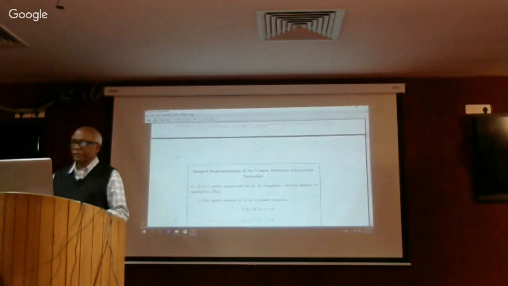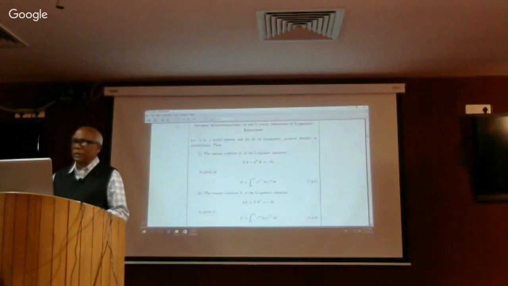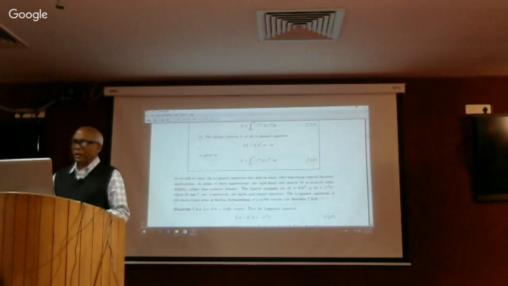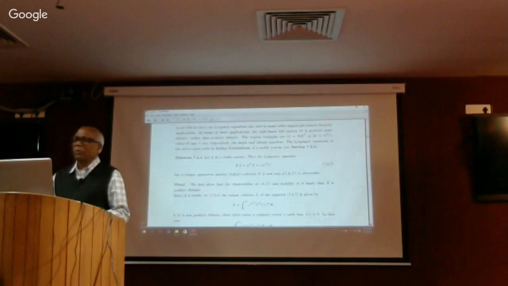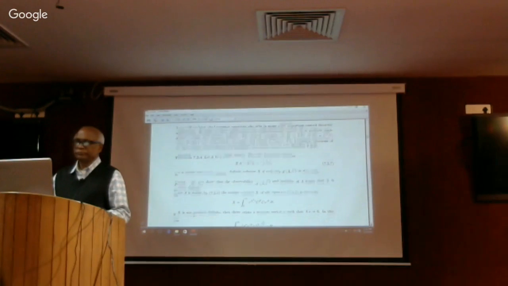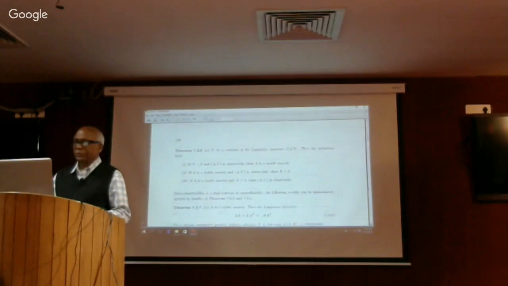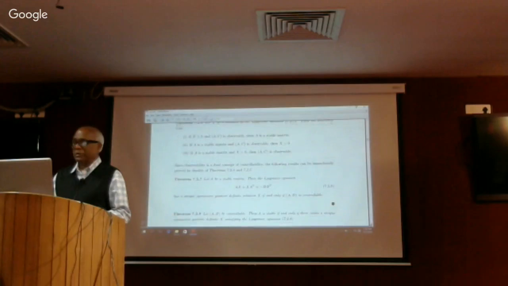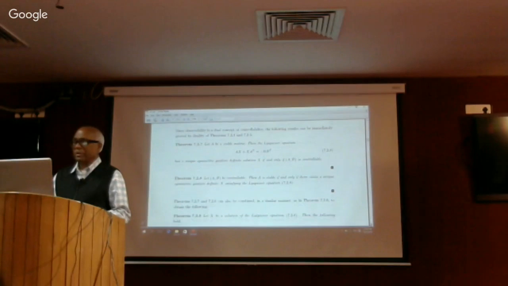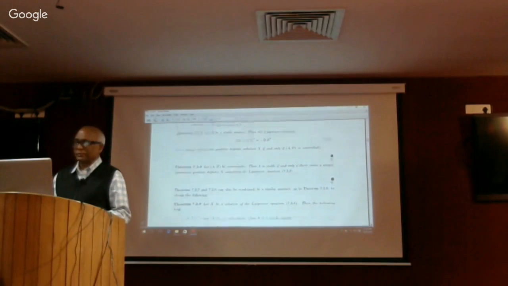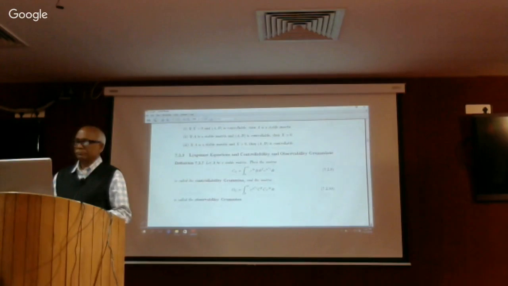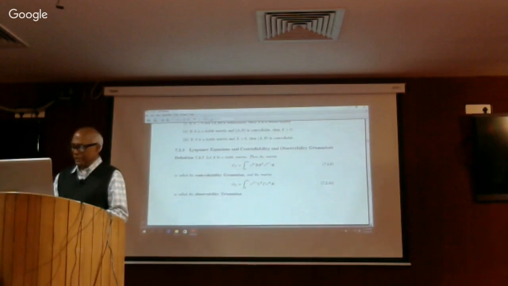So we'll talk about a numerically effective way to solve the Lyapunov matrix equation later. There is a lot of theory even for the Lyapunov matrix equation in the linear case. So here are some of the results.